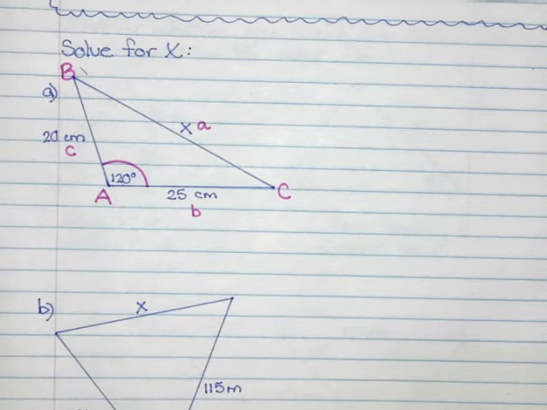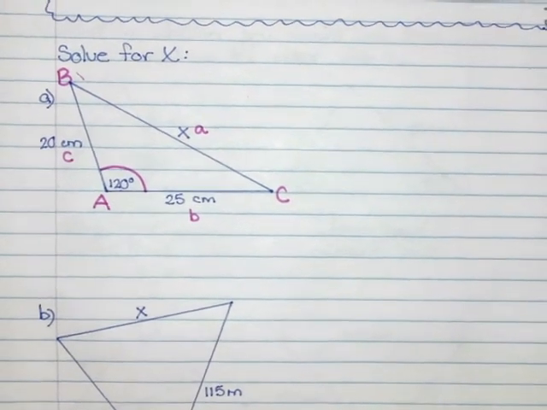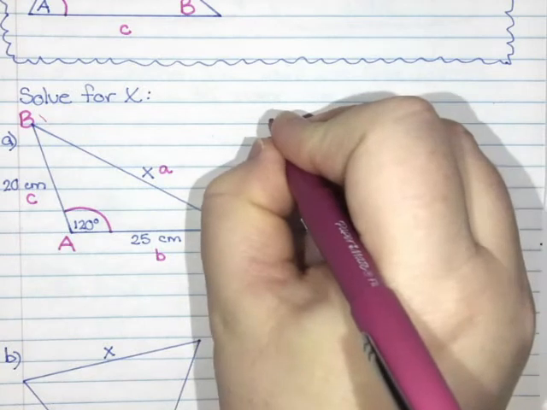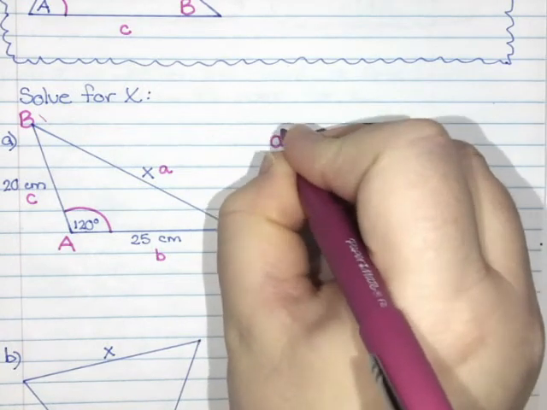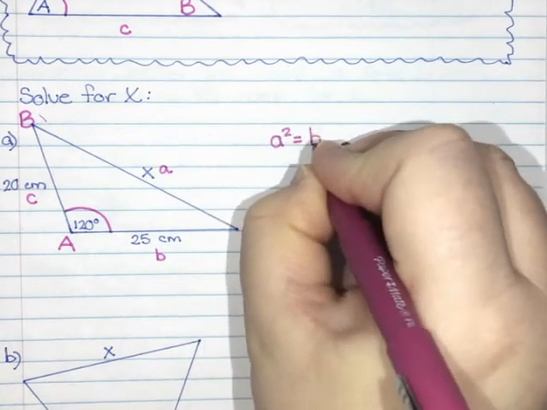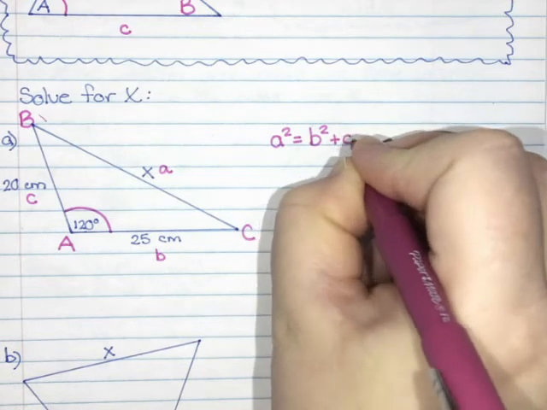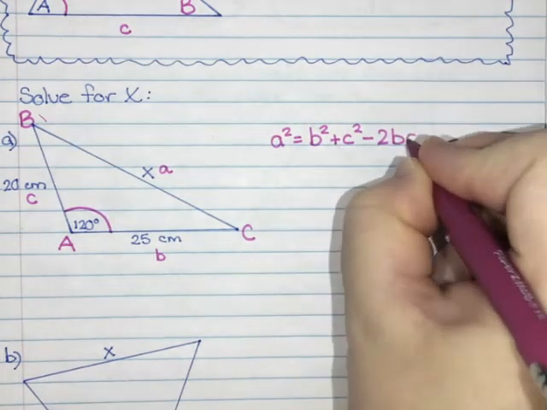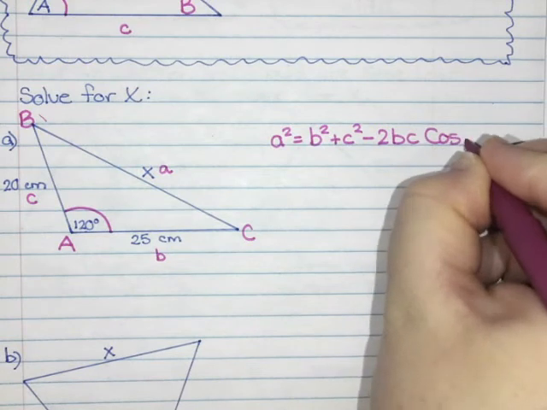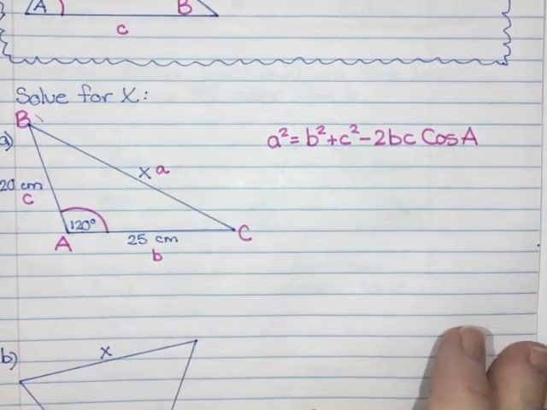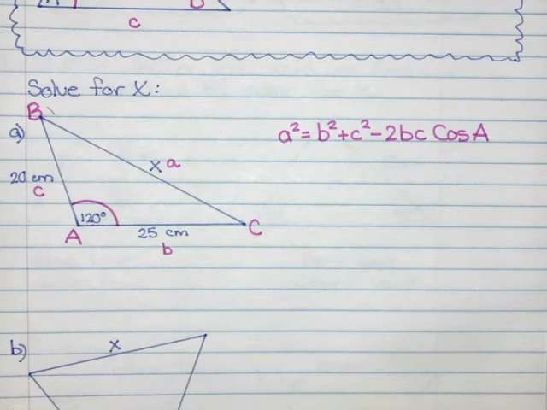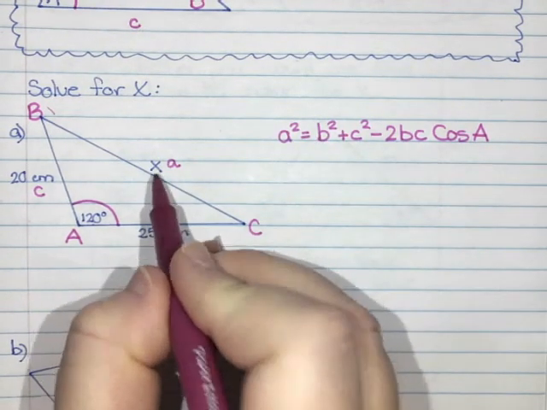Okay, so when we do the formula, we always start with A. So A squared equals B squared plus C squared minus 2 times B times C times cosine of A. There's a lot of stuff in that formula, but you will find that the calculation is actually, I think, a little easier than the one for sine law. So A in this case is x.